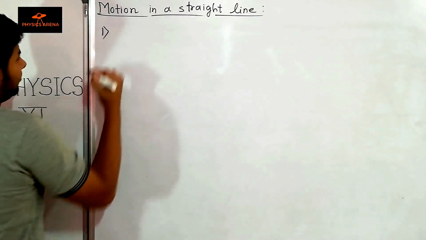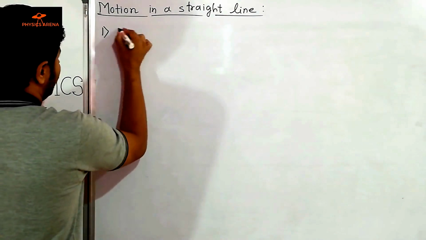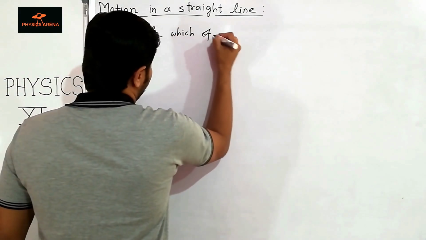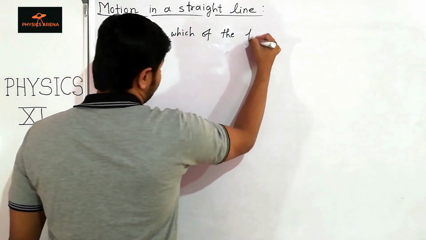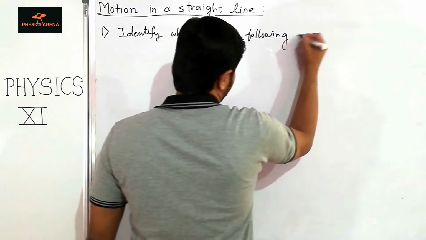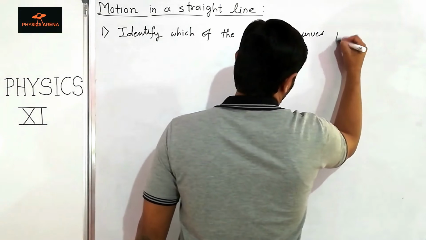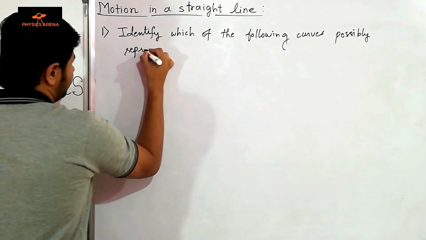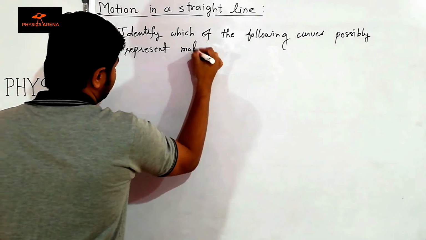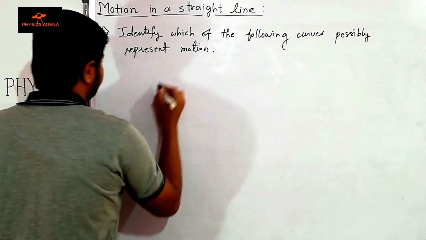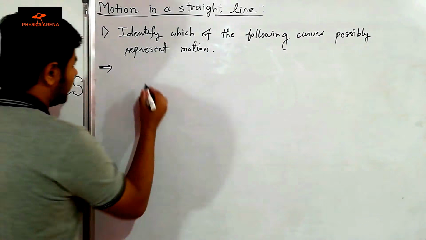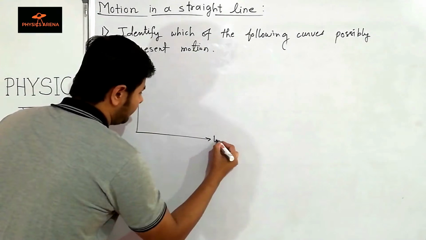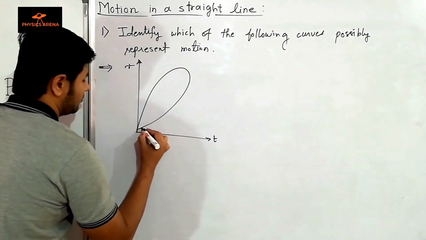We'll see a simple problem. First one, identify which of the following graphs, curves possibly represent motion. And curves are like this. First one is position versus time, just like this.